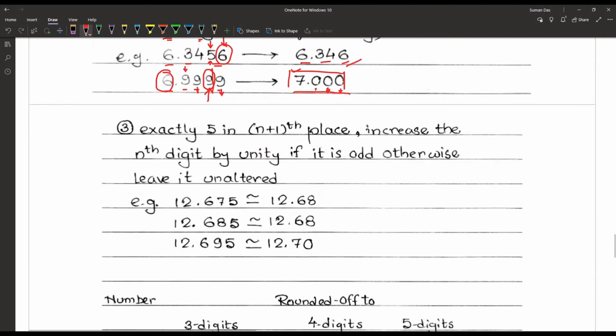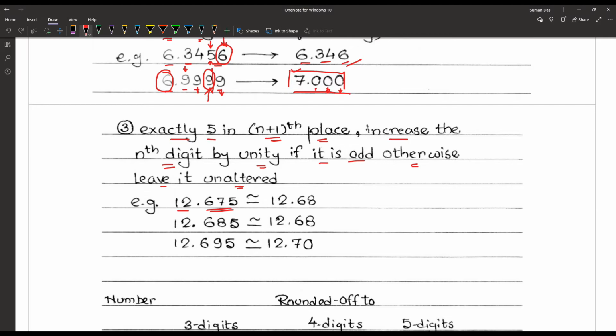Now the third rule. The third rule says exactly 5 in the n plus 1th place. Here increase the nth digit by unity if it is odd. Otherwise leave it unaltered. Let's check here. The first number has been given up to 3 decimal places.